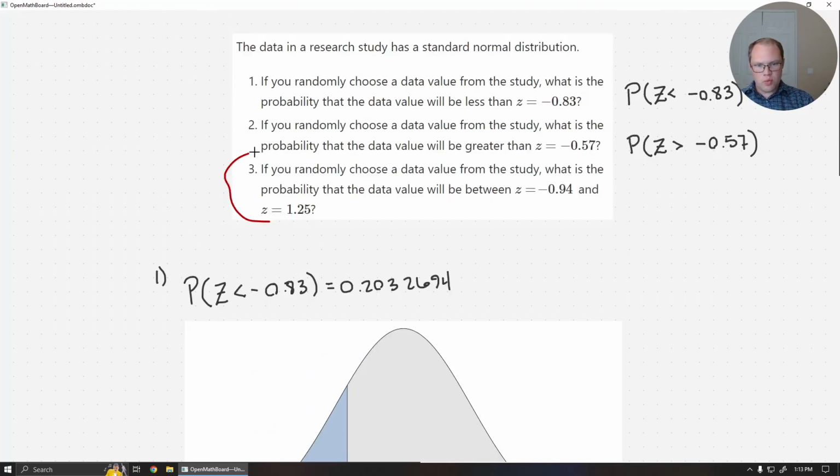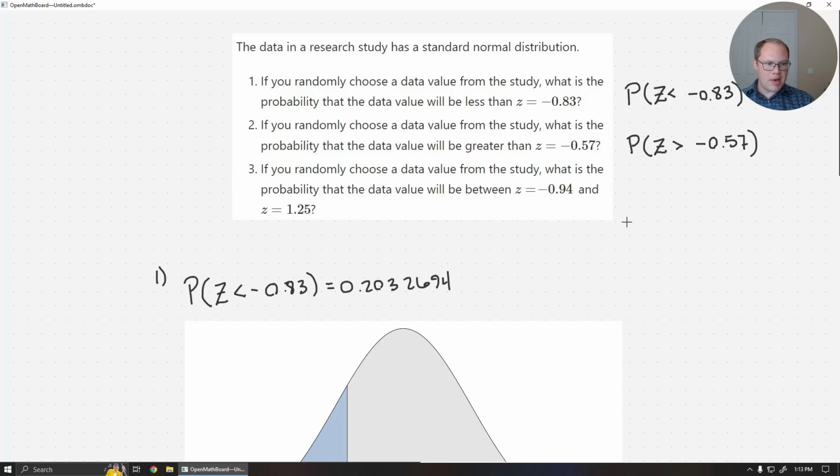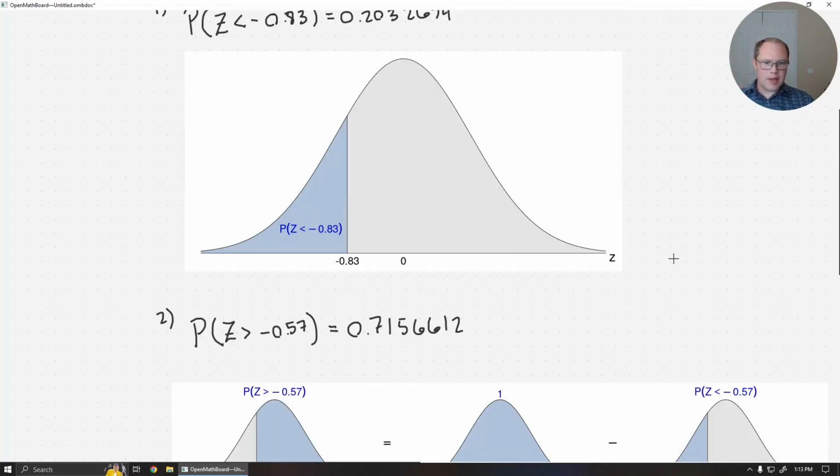For number 3, we want the probability that the randomly chosen data value will be between negative 0.94 and 1.25. Mathematically, that looks like we want the probability that a z value is between negative 0.94 and 1.25.